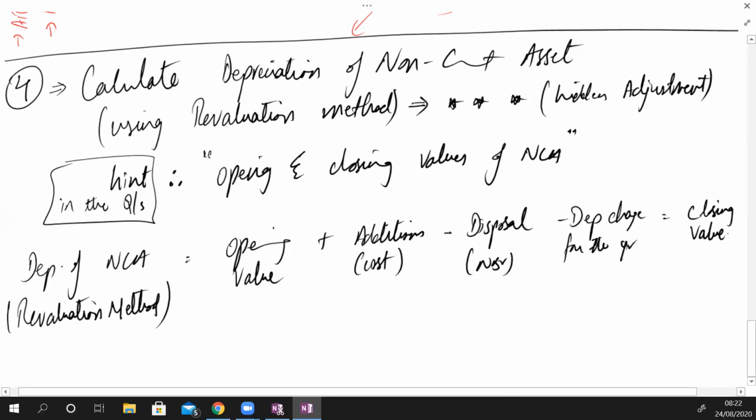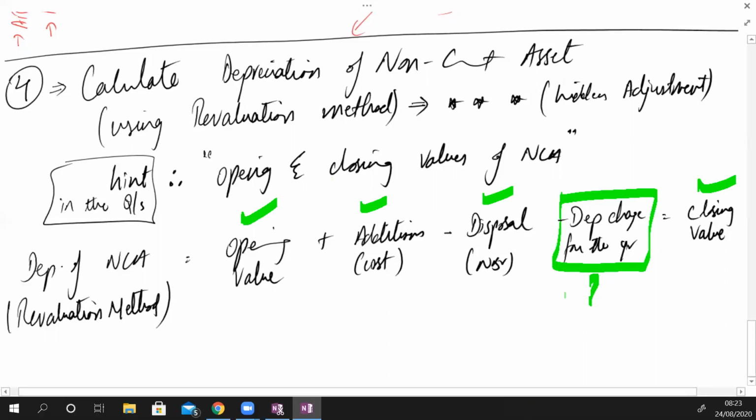All right. This is the formula that you have to apply in order to calculate the missing value over here, which would be your depreciation. You'll have opening value, you'll have closing value, you'll have these two as well. This is the amount that you have to calculate as depreciation of non-current assets.